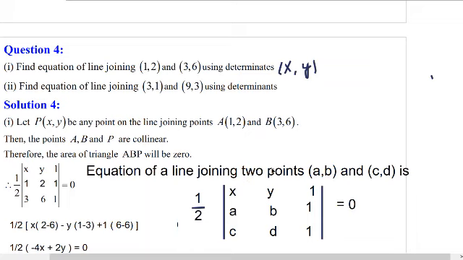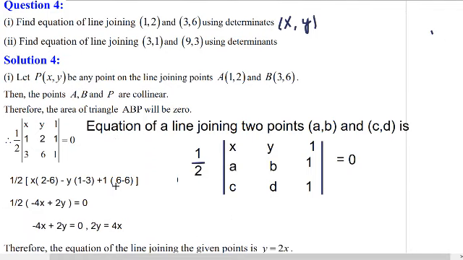So if a line is joining AB and CD, generally what we write, AB CD xy at the top, and then here in this column 1 1 1 multiplied by half is equal to 0, because area of the triangle is 0. But in some books you will not find this half. Why? Because we send this half towards 0, then only this determinant remains in the LHS, right? So you can avoid writing half also.